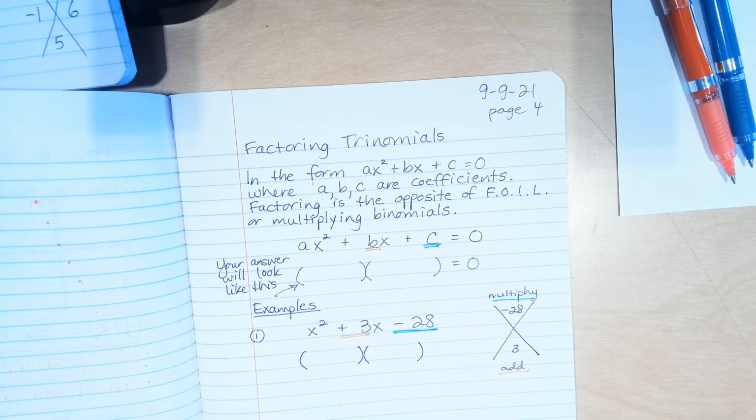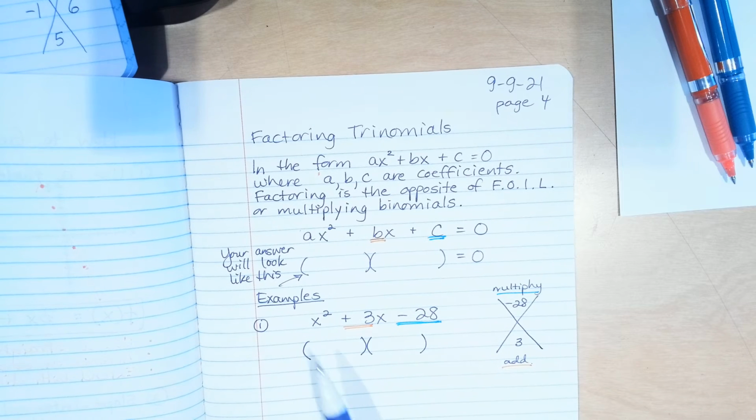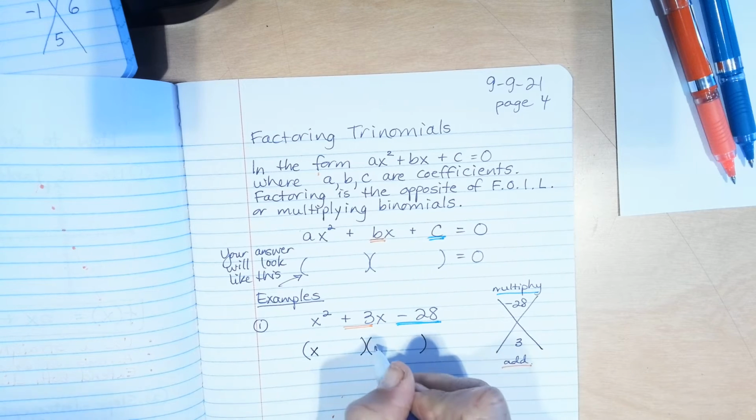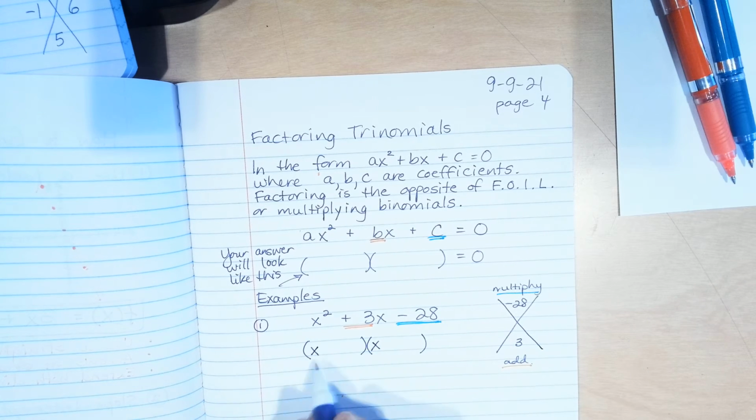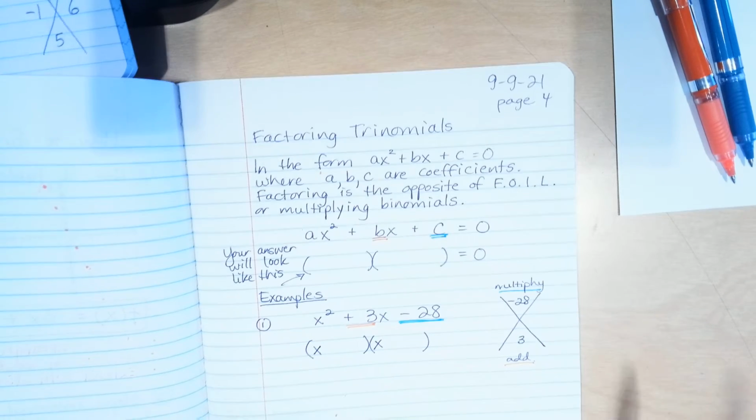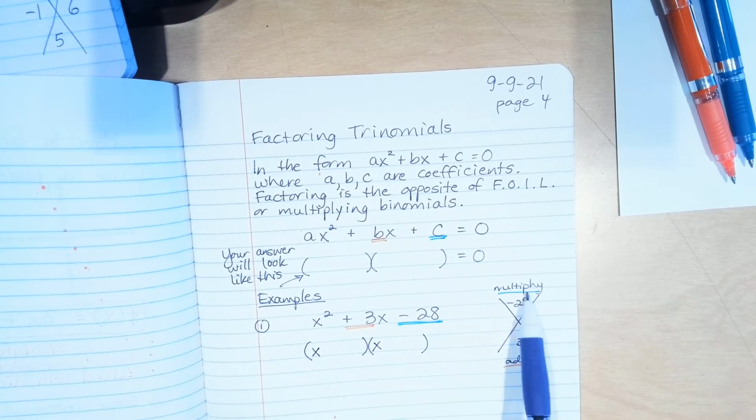We also know that in order to get x squared here, then these first two terms will have to be x and x. That's the only way you can get x squared, by multiplying two things. So to solve this, we need to figure out what two numbers will multiply to give us negative 28, but when you combine them together, you get a positive 3.